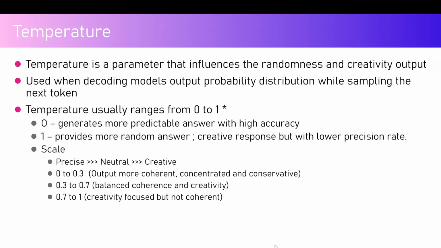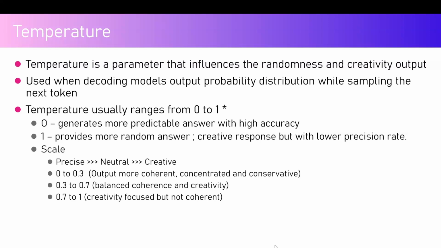Now 0 generates a more precise answer with very high accuracy. 1 provides a random answer. It has more creativeness in it but with a lower precision rate. So it really depends on your use case scenario, whether you want a precise answer or a more creative response.